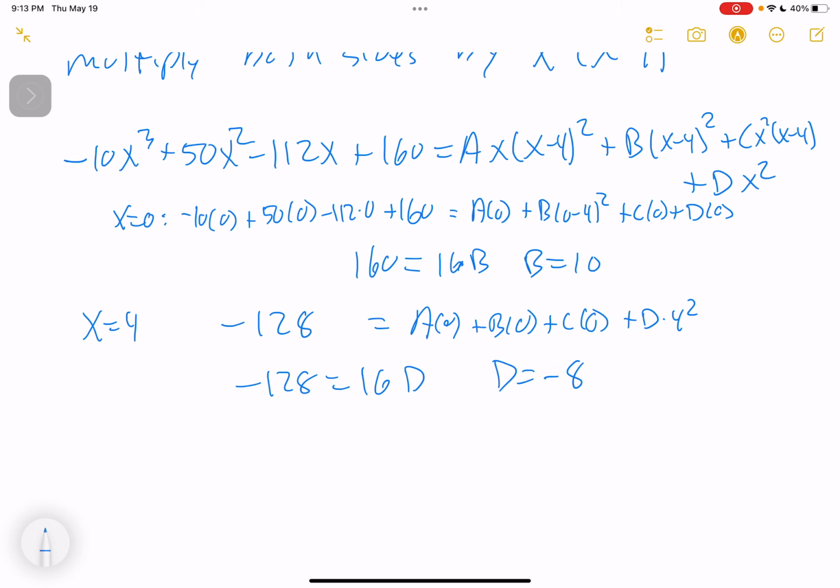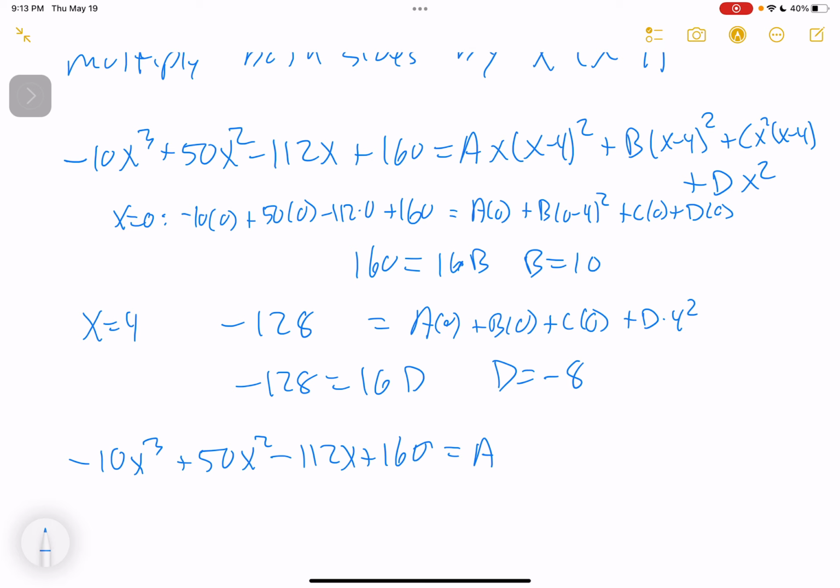Okay, so here's another strategy. We have negative 10x cubed plus 50x squared minus 112x plus 160. That hasn't changed. What we know now is that we don't know a, so we call it a, and I'm going to expand this.